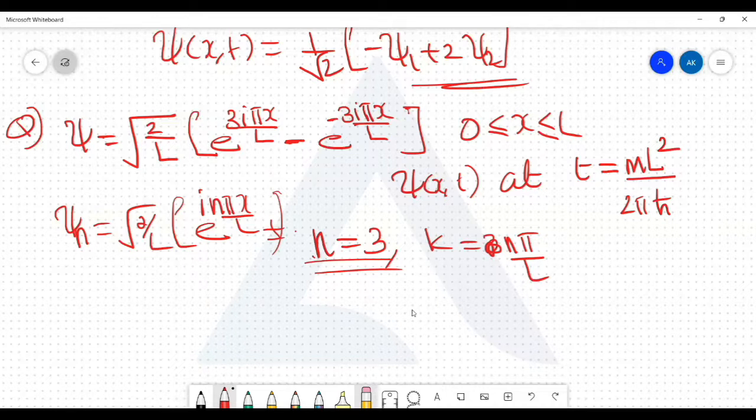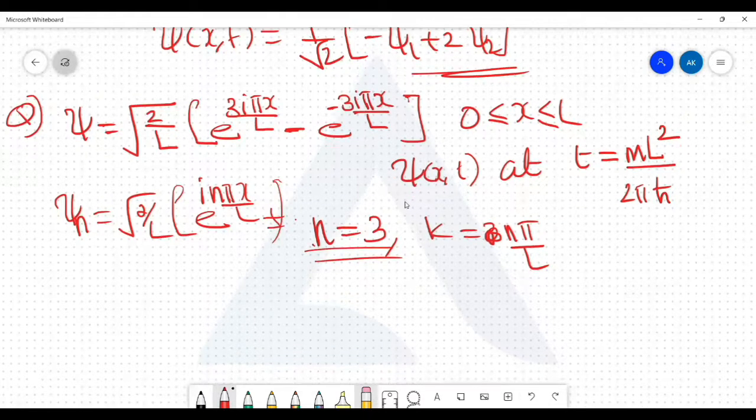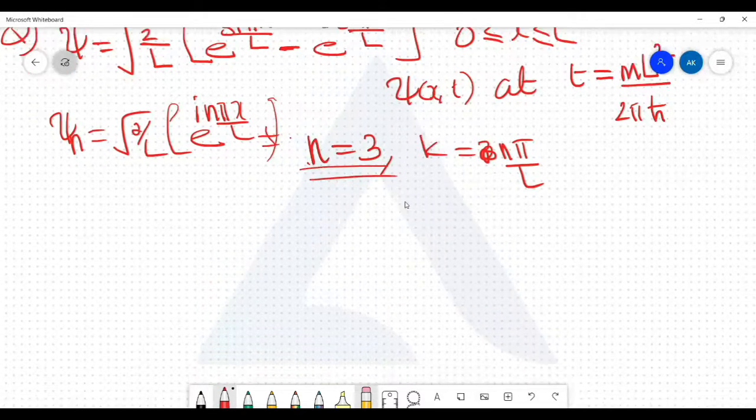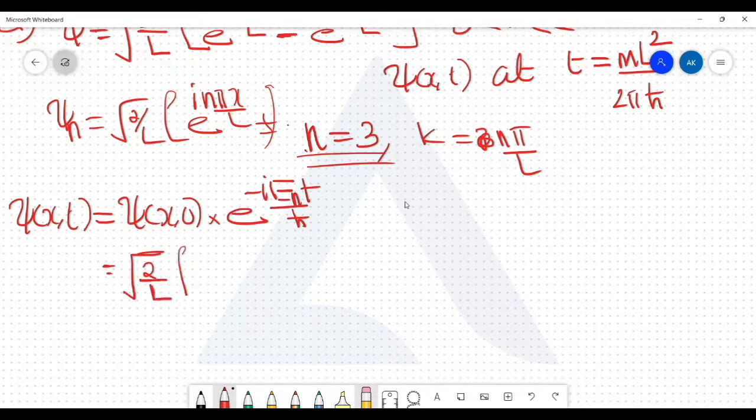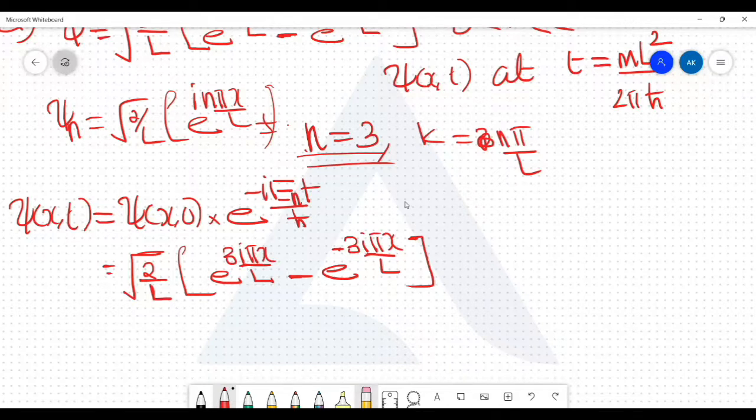Now we can find psi of x,t. Psi of x,t is simply psi of x,0 into e raised to minus i E n t by h cross. Psi of x,0 is root 2 by L into e raised to 3i pi x by L minus e raised to minus 3i pi x by L. And your state is n equal to 3.